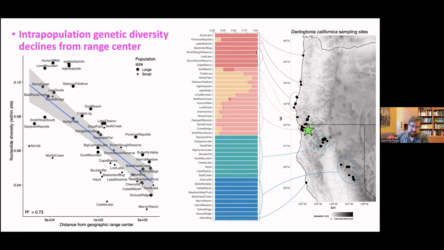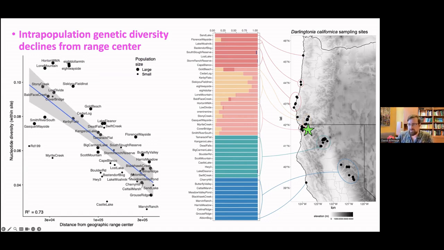We can also then look at genetic diversity. So within an individual patch of Darlingtonia, if we start randomly sampling the genetics of each pitcher plant, how much genetic variation is contained within each one of these populations. And so that's what I'm showing here in this graph, where on the y-axis we've got within sites genetic diversity, and then here I've sorted these sites out by their distance from the center of Darlingtonia's range.